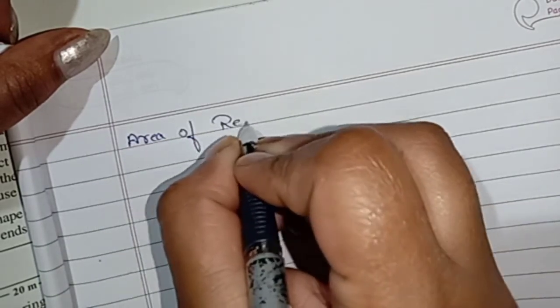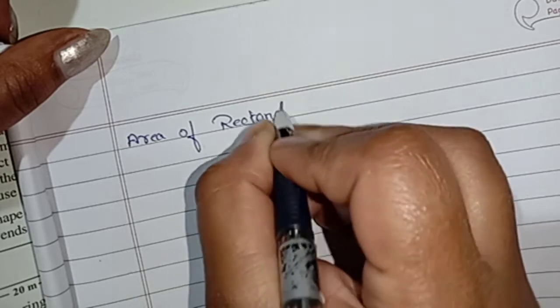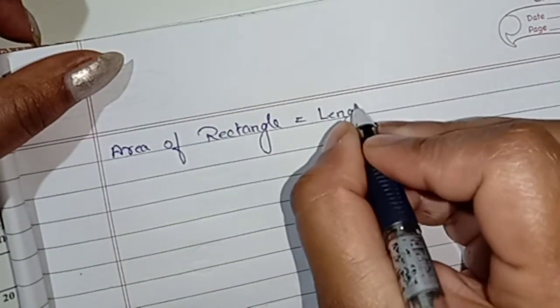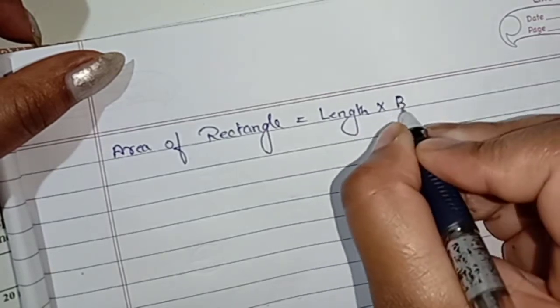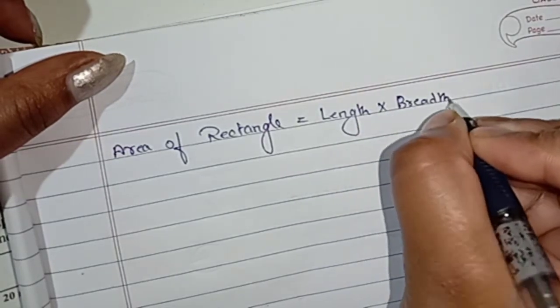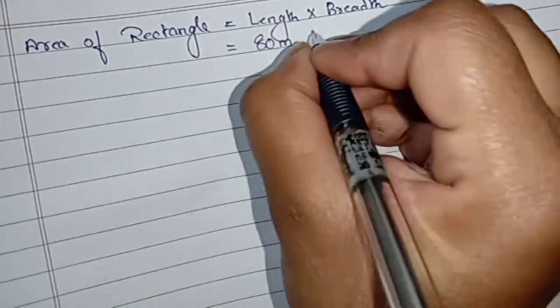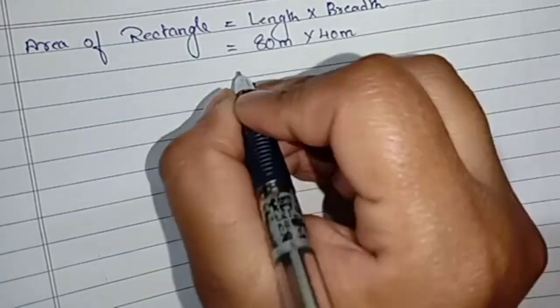Area of rectangle equals length into breadth, which will be 80 meter into 40 meter.